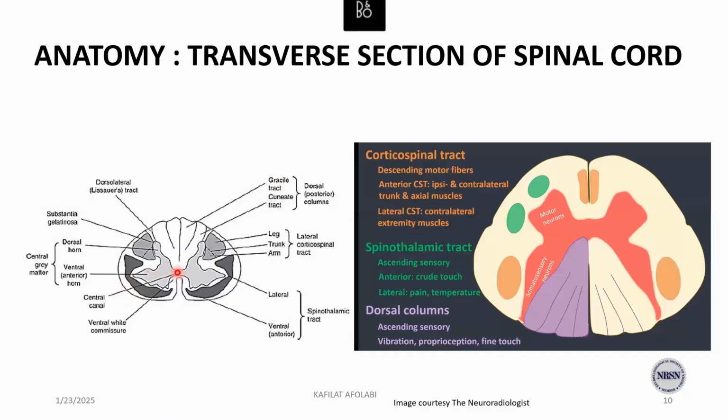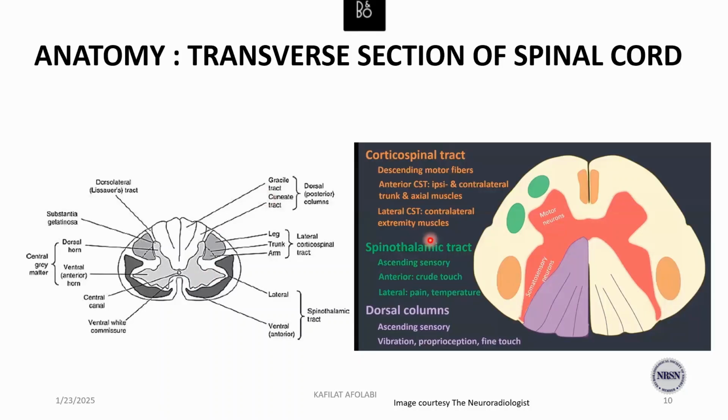So why this is important is that when we are characterizing spinal cord tumors, we realize that the area of the cord that is affected, which will also dictate the tracts and columns involved, could be a pointer to possible location of the tumors.